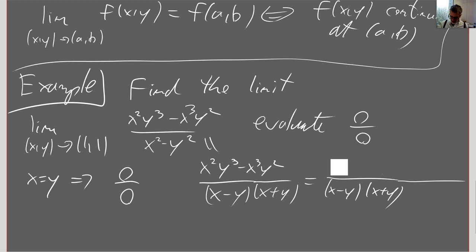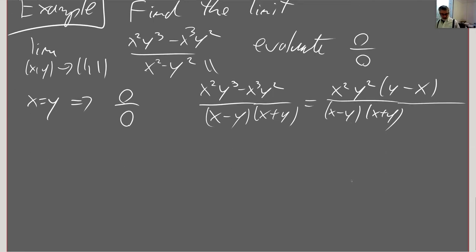Oh yeah, well, let me just factor out the obvious thing to factor. x squared y squared factors out of that, and that leaves a y minus x, which is the negative of that. So okay, we have the limit as (x,y) goes to (1,1) of this expression.